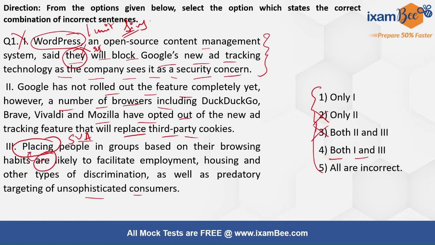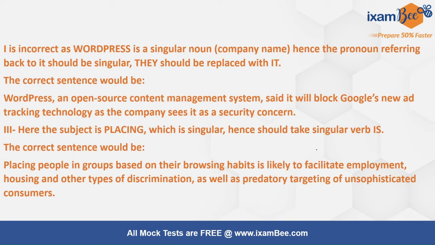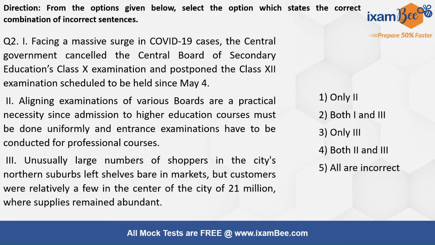Okay, so the subject here is singular, so here are is incorrect. You should use is. Okay, so the error lies here in the first sentence and in the third sentence. So the correct answer here is option 4. All right, now second sentence is correct, so we will not include that in our combination option, right? Now moving ahead, we'll see next question.